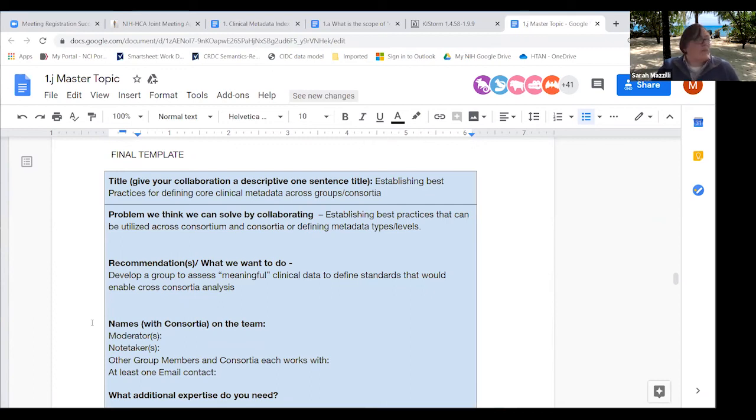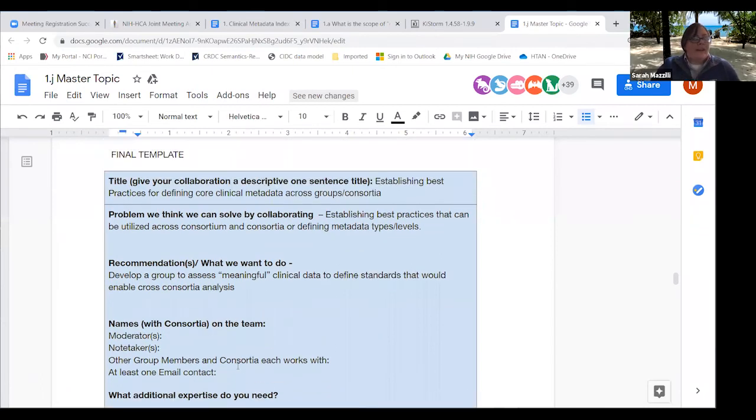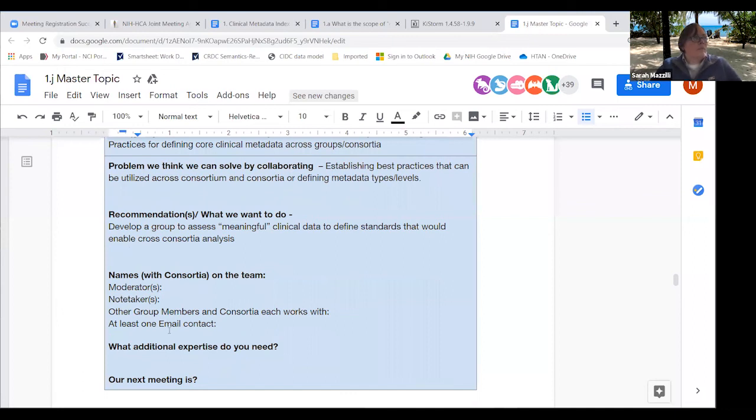I know someone mentioned from the HCA they might be interested in representing the HCA in one of these groups, but I encourage you to fill them out yourself. And as far as what additional expertise, I think that'll be dependent on who's in the group. It seems like there's a lot of expertise on both sides, but I think we may need to figure that out as time goes on, and when the next meeting is, might require some follow-up as well.